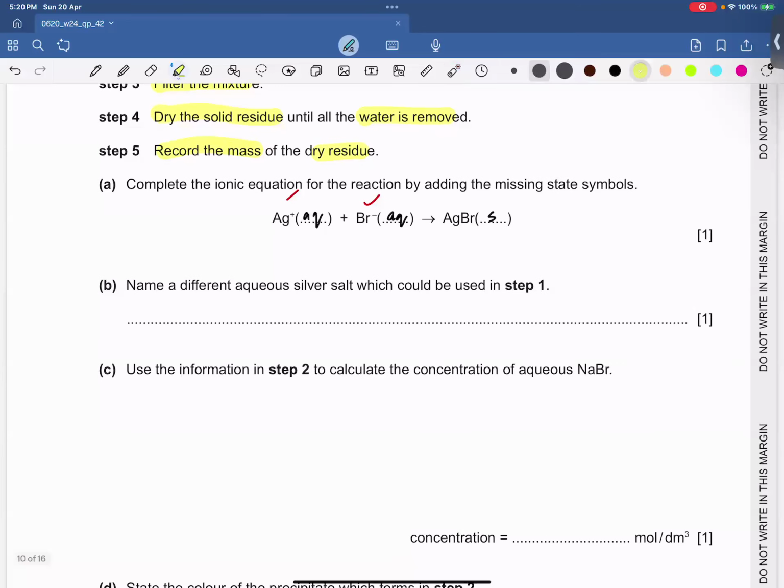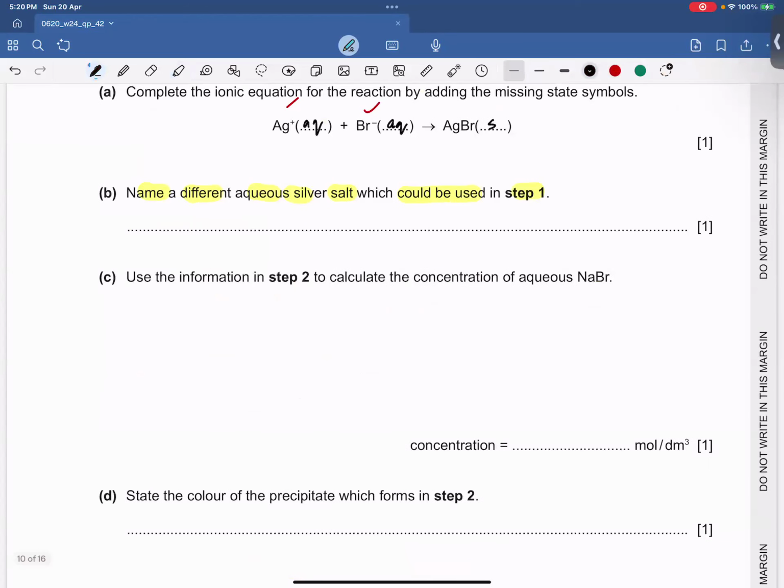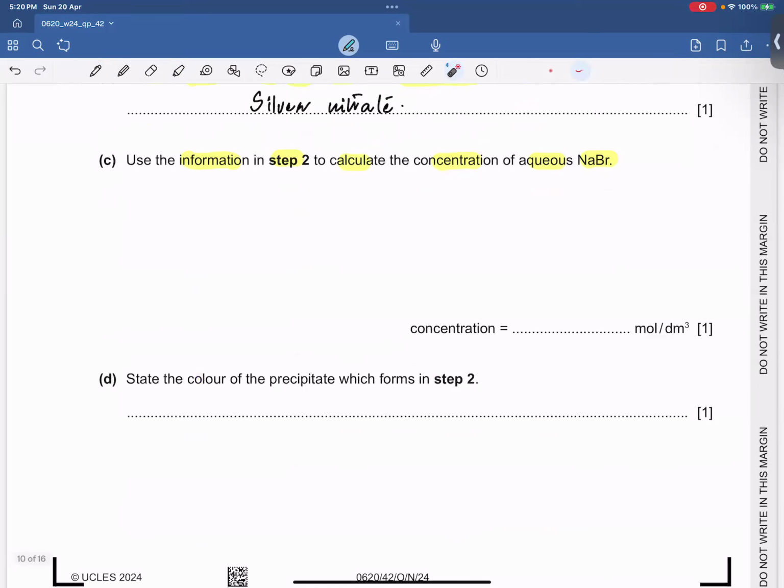Name a different aqueous silver salt which could be used in step 1. Silver nitrate, because all nitrates are soluble. Next, use the information in step 2 to calculate the concentration of aqueous NaBr. So I know the moles, I know the volume, I can find the concentration.